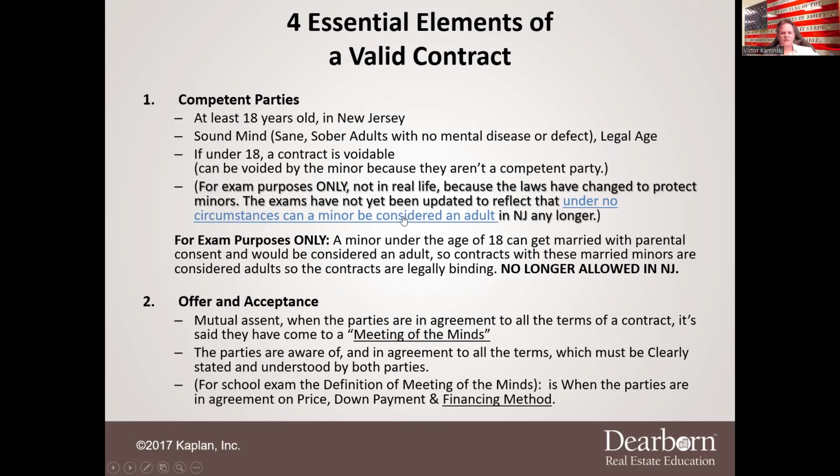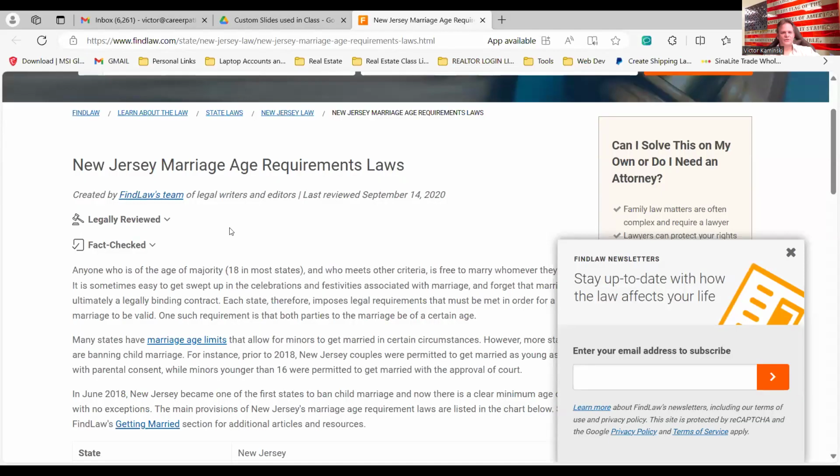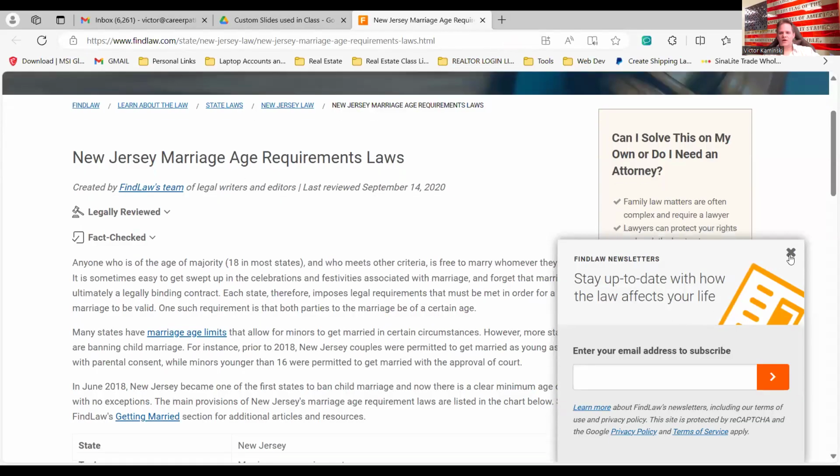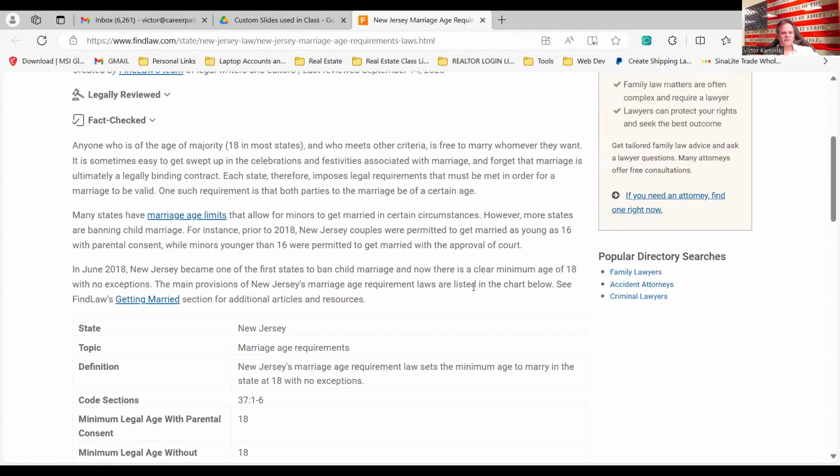And if I click on this, I could show it to you. That New Jersey marriage age requirement law. Let me see. In June 2018, New Jersey became one of the first states to ban child marriage. And now there's a clear minimum age of 18 with no exceptions. The main provisions of New Jersey's marriage age requirement laws are listed in the chart below.